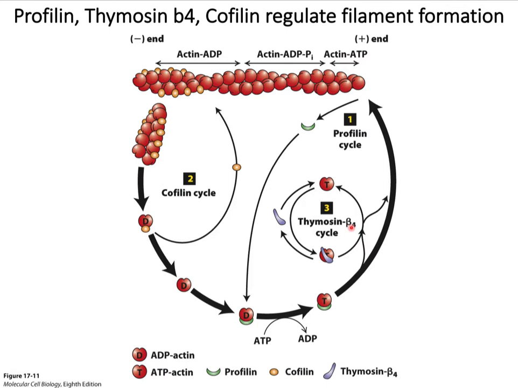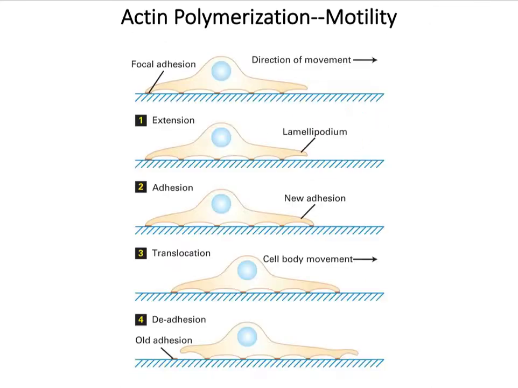But what is interesting is that the thymosin beta 4-bound G-actin monomers and free G-actin monomers are in dynamic equilibrium. So if the G-actin concentration in the cell goes down, this will naturally cause the release of G-actin monomers from thymosin beta 4 and will release more monomers to be incorporated into the plus end. So there are three proteins that regulate the filament formation in the cell.